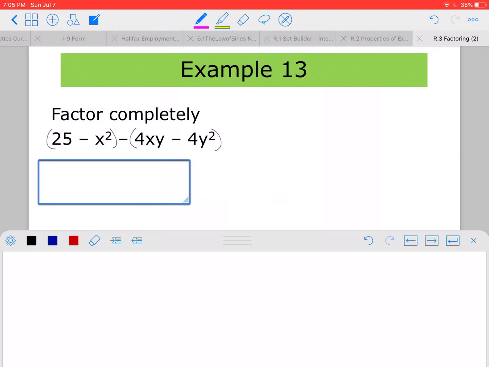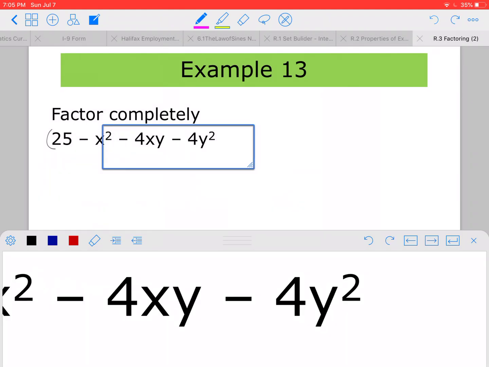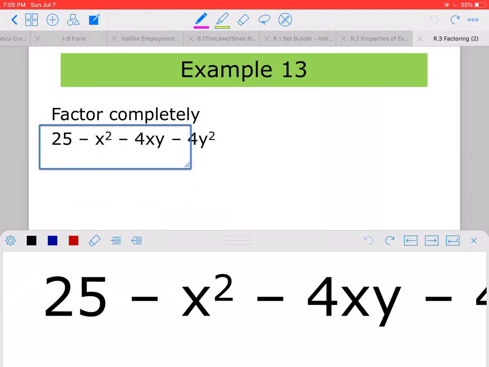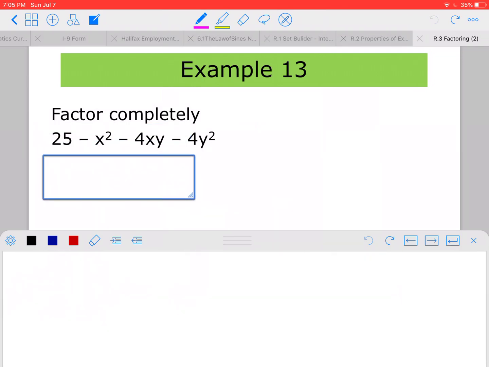There is out of the second, but I'm seeing a perfect square trinomial there. I'm not sure what it wants us to do with this.